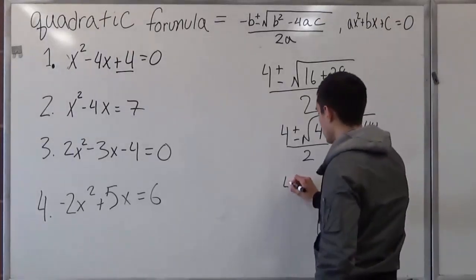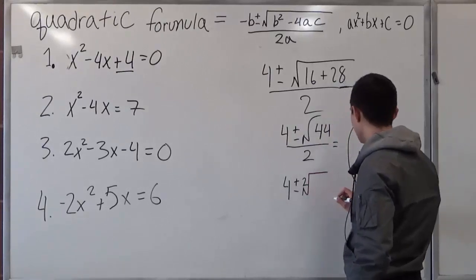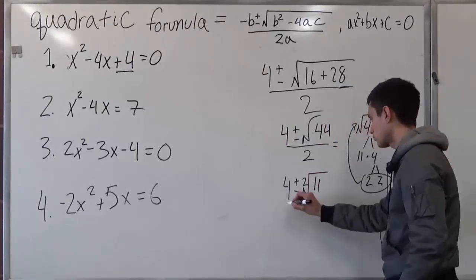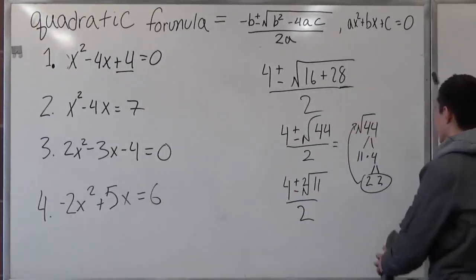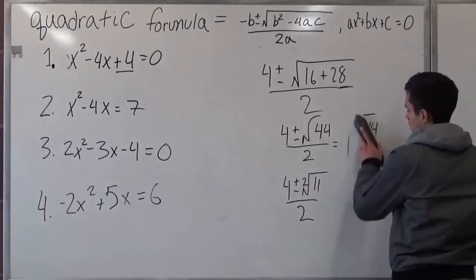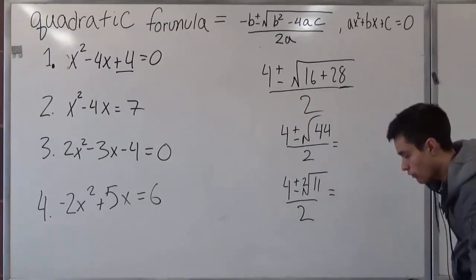So we can rewrite it as 4 plus or minus 2 radical 11 all over 2. However, it is still not simplified yet because we have to keep continuing.